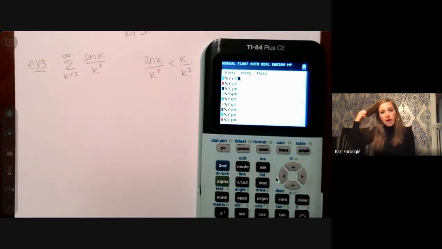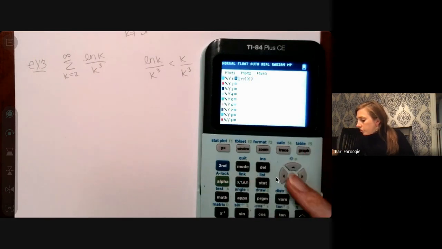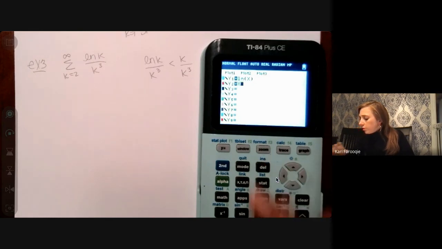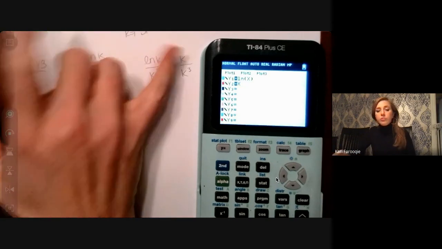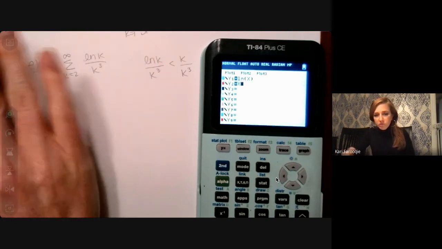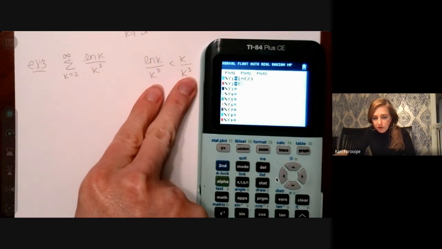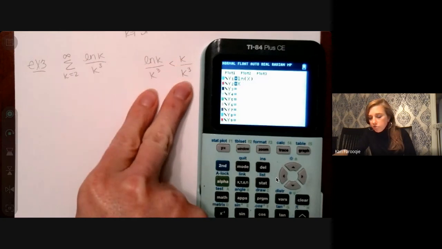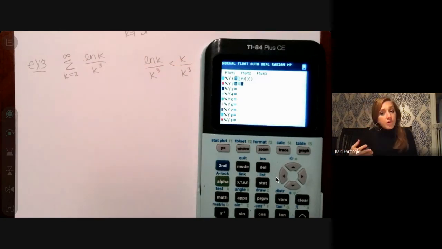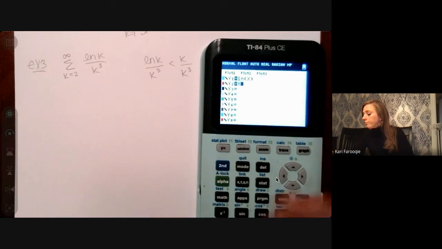You're going to see what happens to these graphs as x gets large. ln x is going to be the blue one, and x is going to be the red one. I'm just focusing on the numerators at this point because the denominators are the same. When you're dividing by the same value, all you're really focusing on is the numerator to look at how slowly or quickly your function is growing.